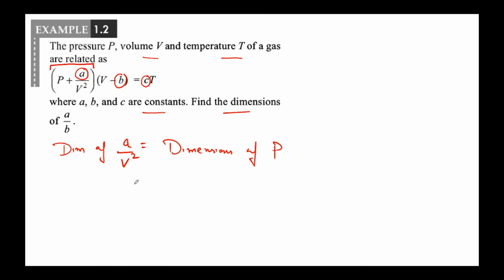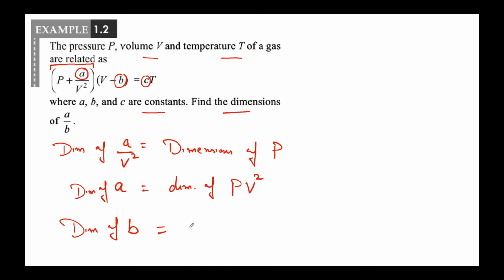From that, the dimensions of a will be equal to the dimensions of P into V square.